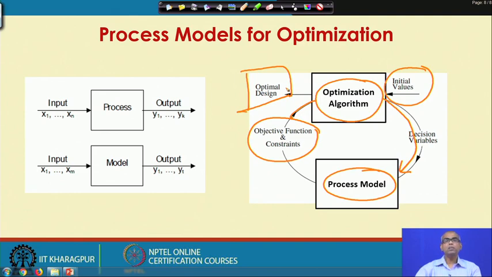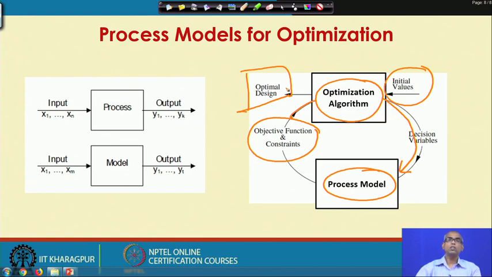So, you are performing optimization on computers using optimization algorithms. The optimization algorithms will call the process model iteratively, will pass on the trial solutions or the trial set of decision variables to the process model.